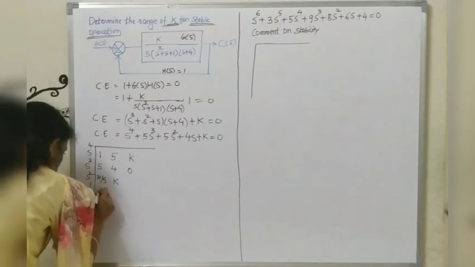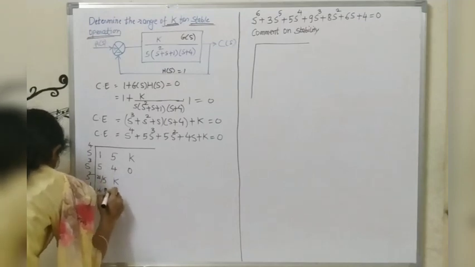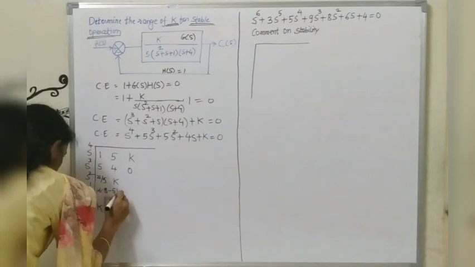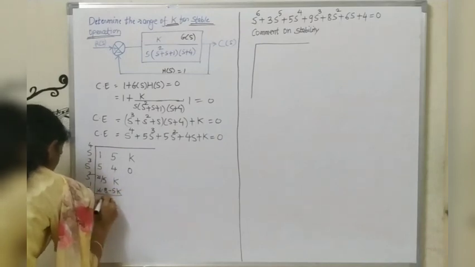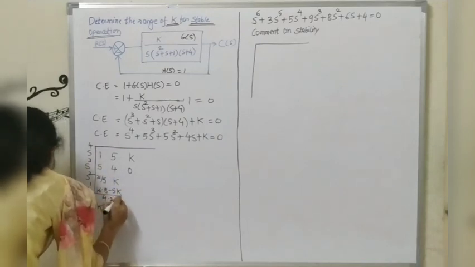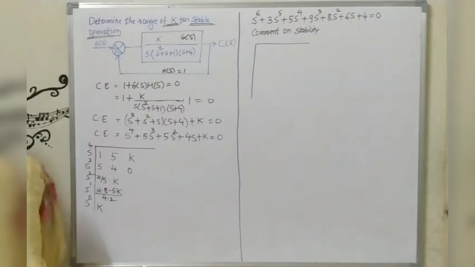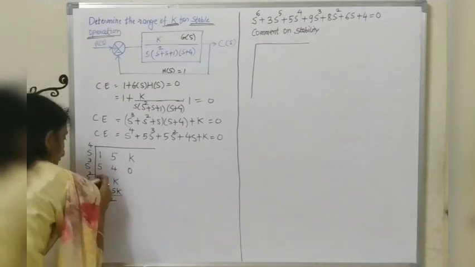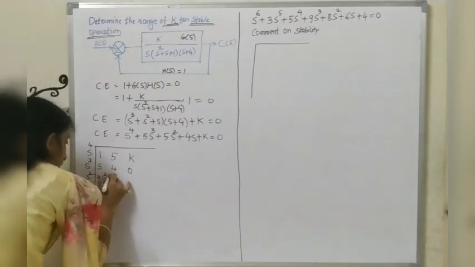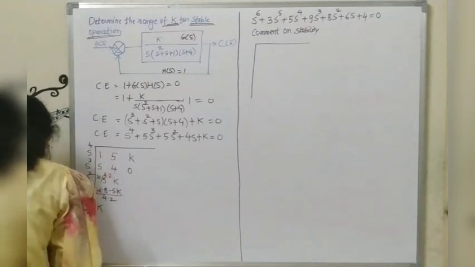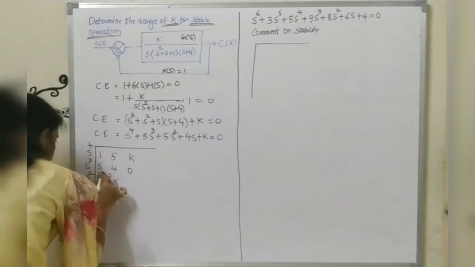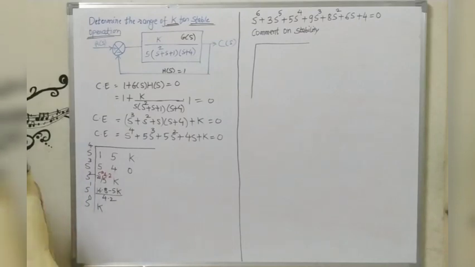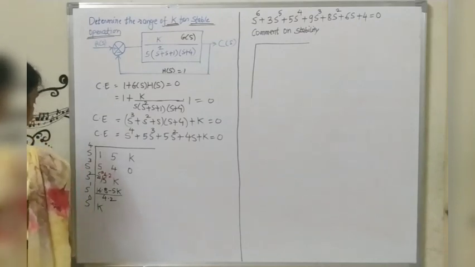So I am getting 16.8 minus 5k upon 4.2, because 21 by 5 is nothing but 4.2.